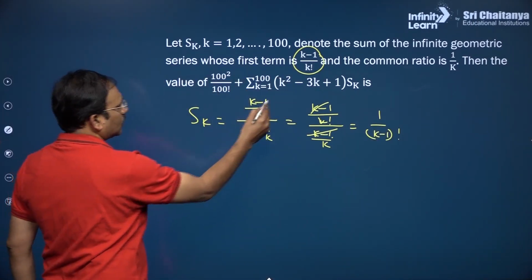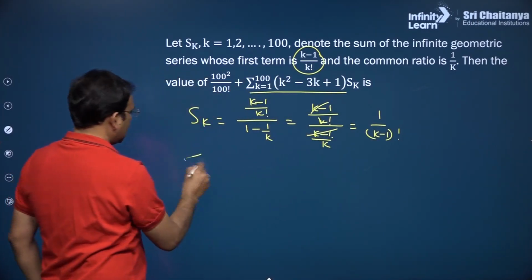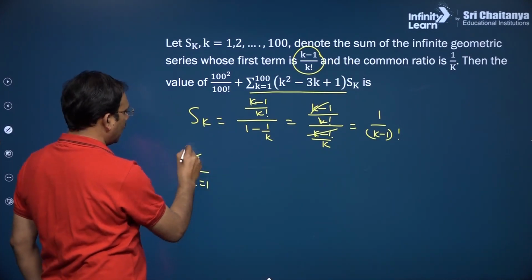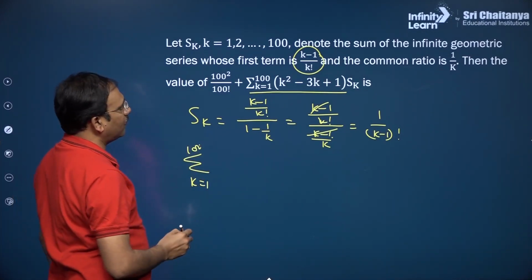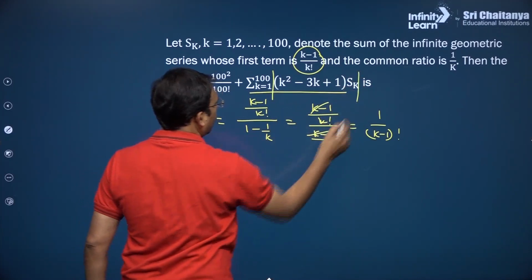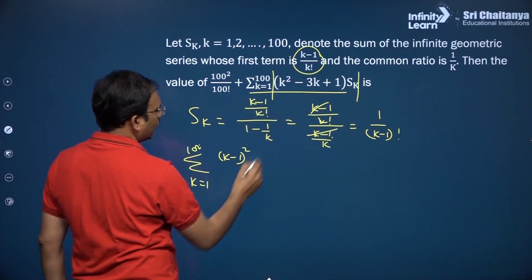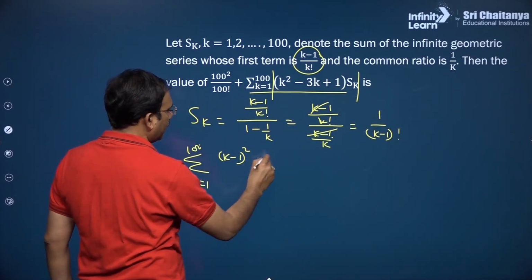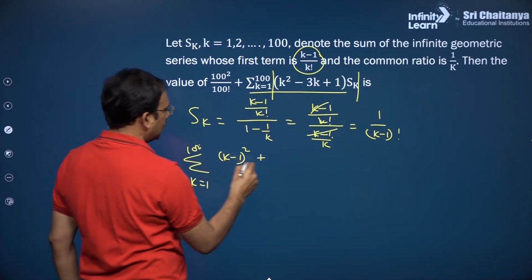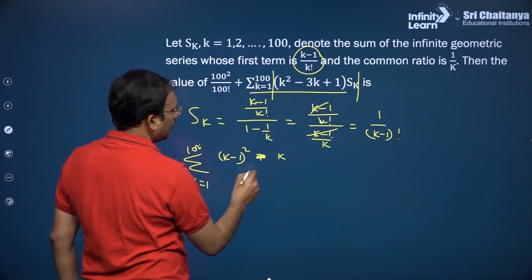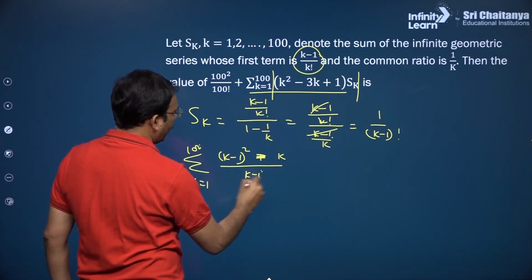Now I just want this expression, my dear friends: sigma k equal to 1 to 100. In fact there must be a modulus here, right. This one you can write as (k minus 1) whole square plus, you can write, minus k by (k minus 1) factorial.